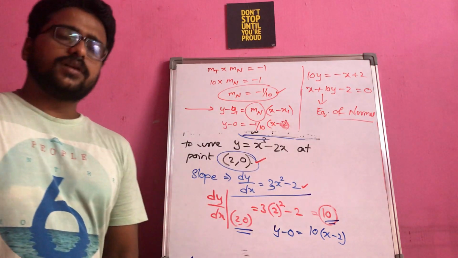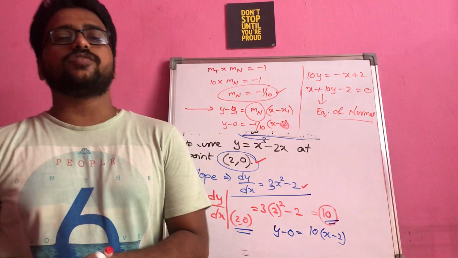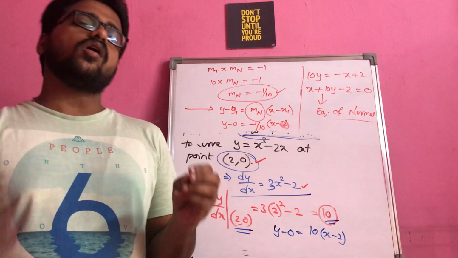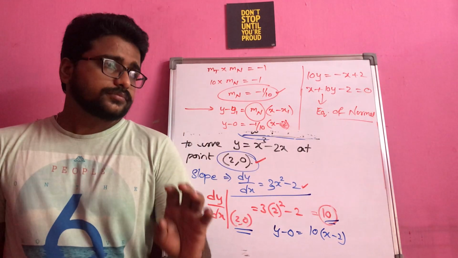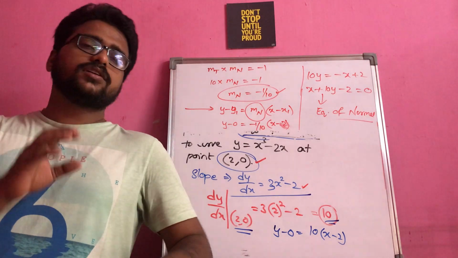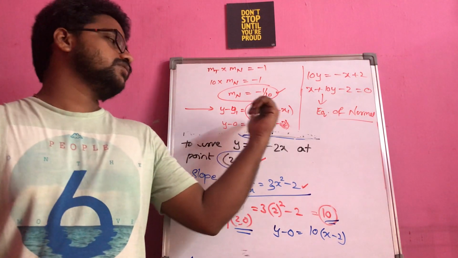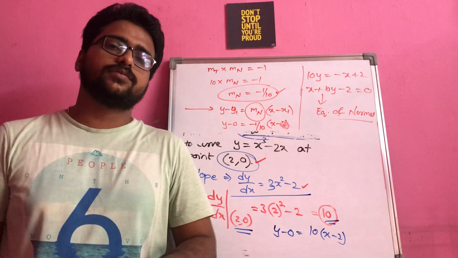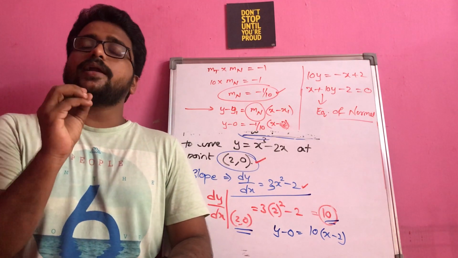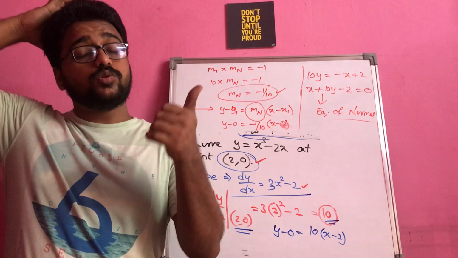The point you have to understand is, whatever you are going to find, be it a tangent, normal, chord, or line, if you have to find the equation of it, the formulation you are going to use is the same only: y minus y1 is equal to slope times x minus x1. But regarding that slope, you have to remember that the slope should not be a variable.